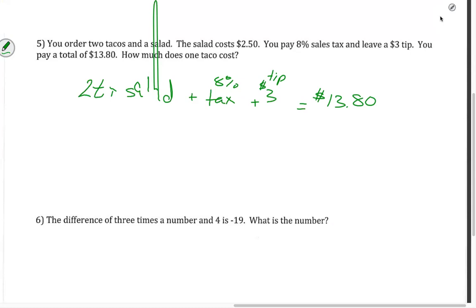So I just told Maddie that my 2 tacos plus my salad, which was $2.50, and then my tax is on top of it, right? So my tax is 8%, so I have to pay 100% of my bill plus 8%. So if I multiply that by 108% and then add my $3 for my tip, I better get $13.80.